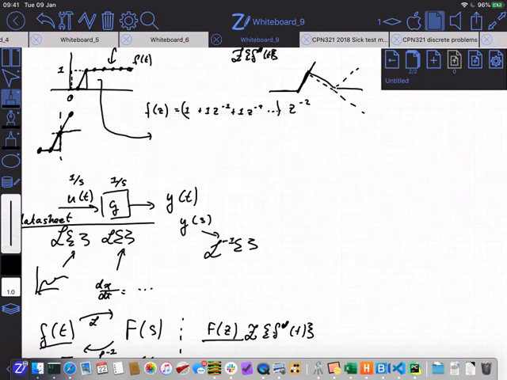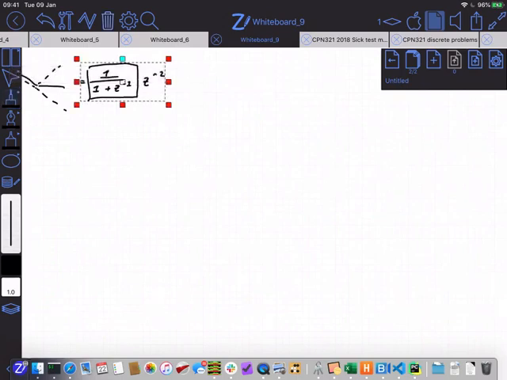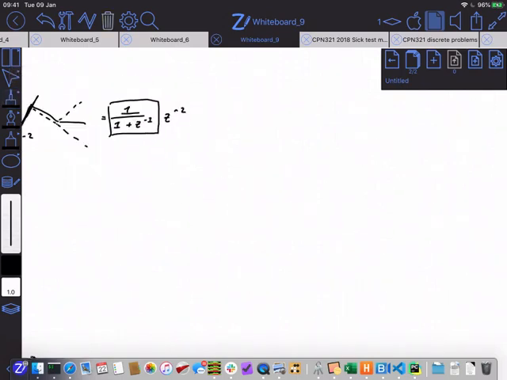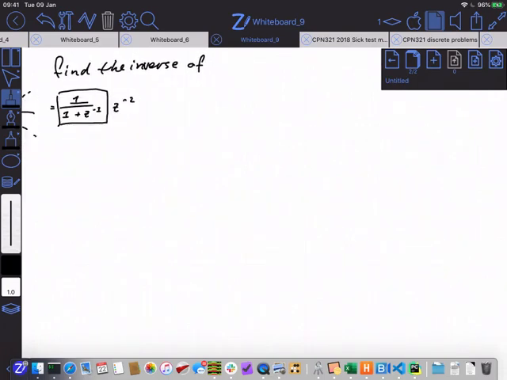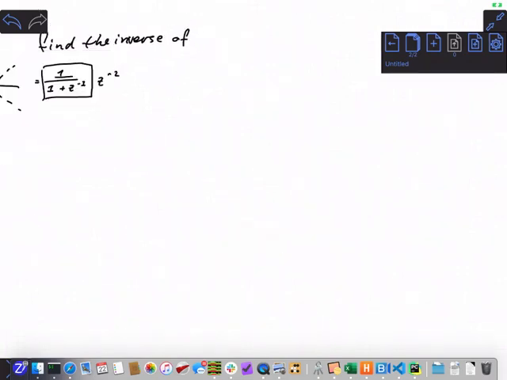I have this transfer function that looks like that, and the test question would look something like, find the inverse of it. Obviously, that's not how it would be in the exam. It would be a little bit more disguised. But when you take off the glasses and the funny nose, it'll be one of these, right?